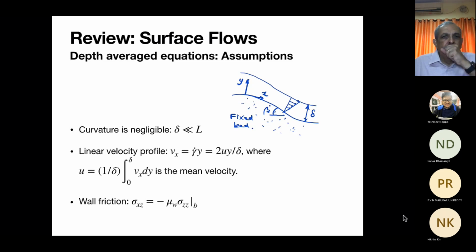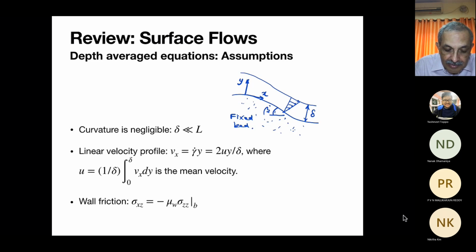Now, what I want to do is describe this flow using a depth averaged equation. That is, I want to average every term in the equation from 0 to delta. So I'm not worried about how things vary within the layer, but I'm interested in how the thickness changes, how the mean velocity changes, how this angle changes as we go, and what is the rate of deposition.